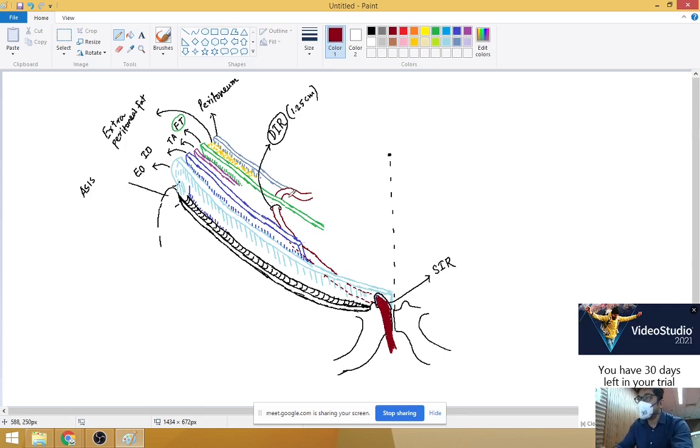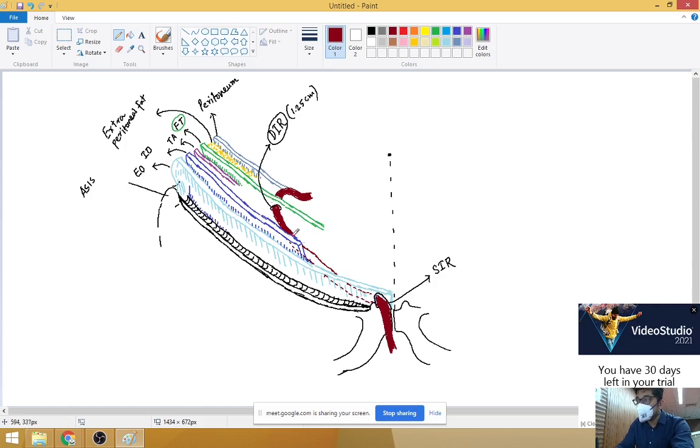So again, the spermatic cord is coming from there. Okay, now this spermatic cord is entering through the superficial inguinal ring, which is an oval slit in the fascia transversalis.